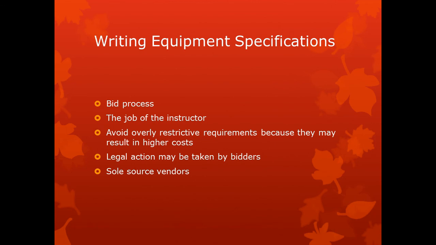Now, whenever you and I get ready to order a piece of equipment, we have to be able to write some specifications, and we go through a bid process. We write up, let's say, a welding machine. We know what we want it to do, and all the bells and whistles that are appropriate for our students. So we write it all up, and then we send it to our accountants, or to our business office.